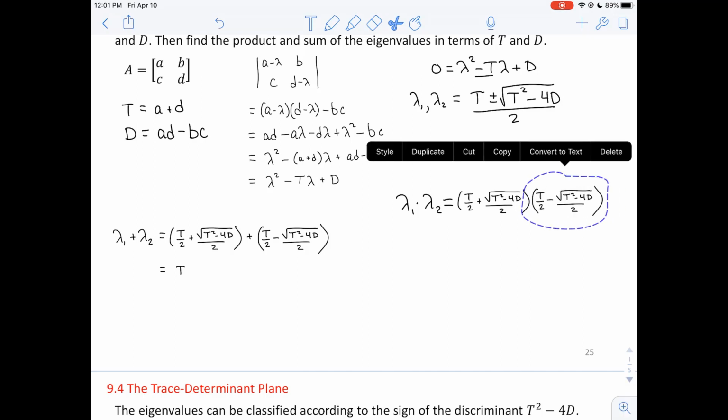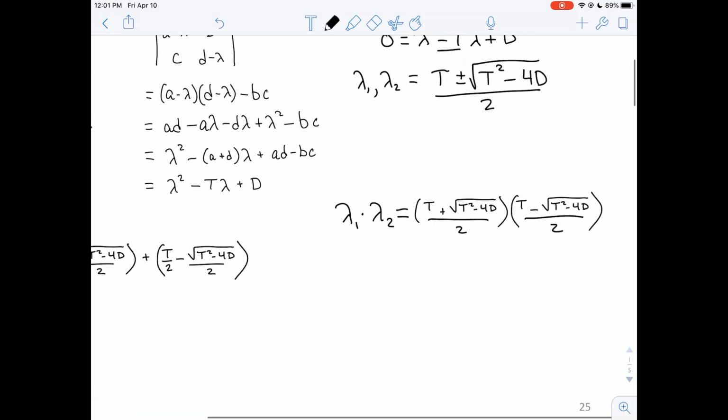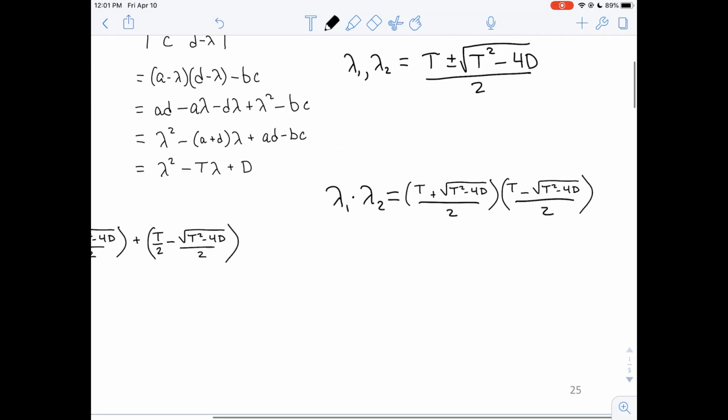Okay, so there's what this looks like. You can put them all back over their own 2 now if you like. Let's go ahead and do that. Put each of these over just a 2, over a 2, like that. So there's the two different lambdas being multiplied.